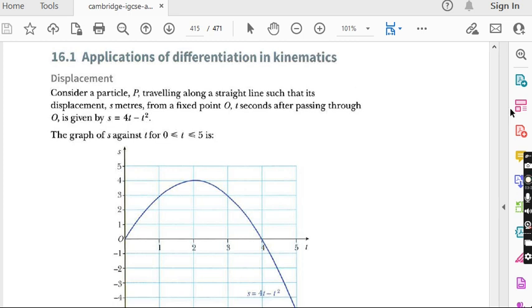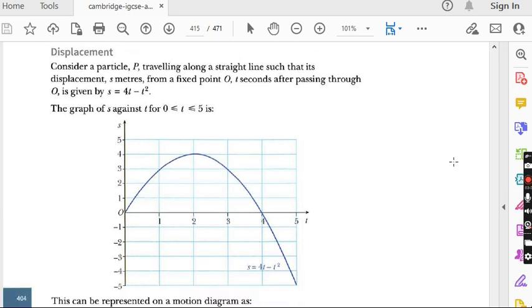So you can see this curve. It starts from 0. When time is 0, the displacement is 0. I am just reading the graph; I will draw it when I do exercise 16.1. When time is 1 second, the displacement is 3. When time is 2, the displacement is 4.